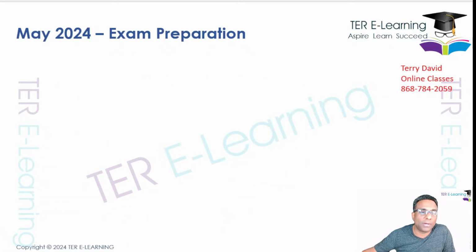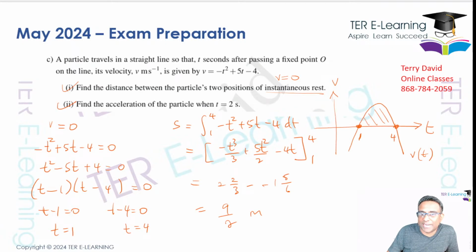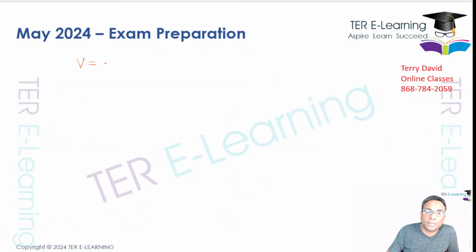If you know velocity, which in this case is minus t squared plus 5t minus 4, and you want to get acceleration, acceleration is equal to the differential of velocity. So that's dv dt, which is going to be minus 2t plus 5.